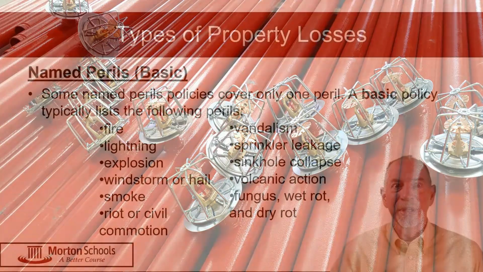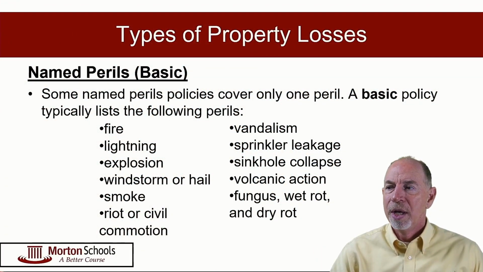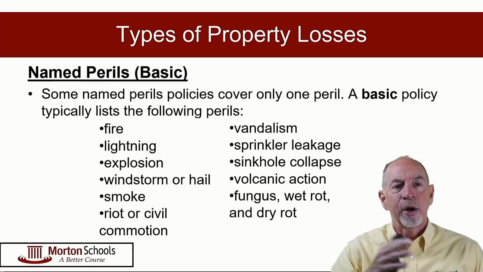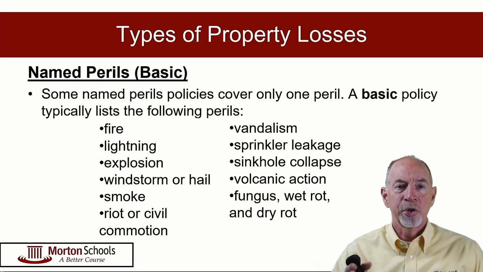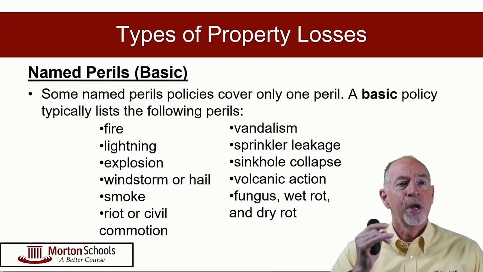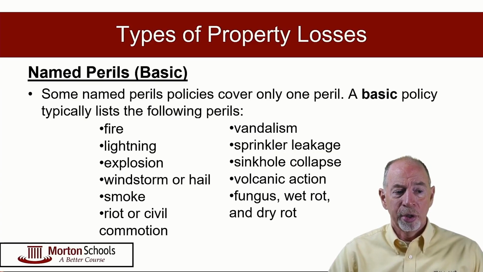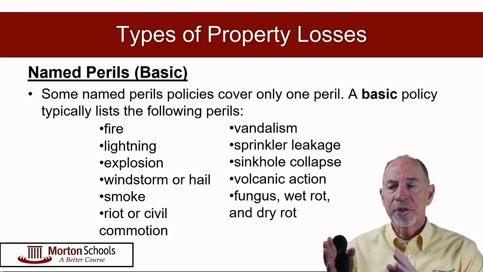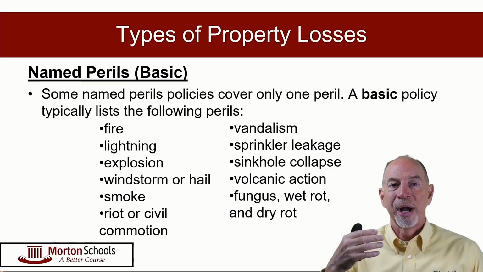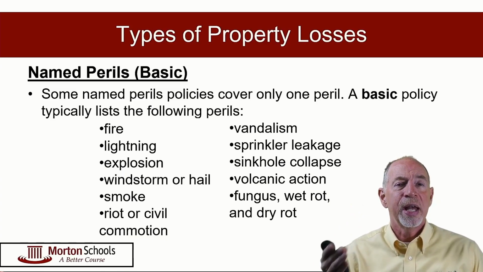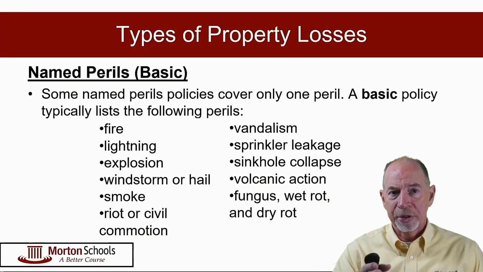And of course, if those leak, that's a major problem. Sinkhole, volcano, I think is self-explanatory. And fungus, wet rot, dry rot, that all includes mold. And those also have some special coverages, once again, depending on your state. Now, this list, once again, not the list, but representative of what you might see in a named basic policy.